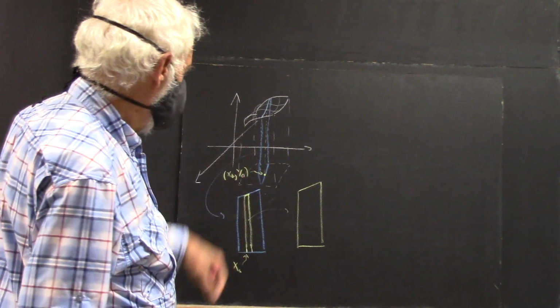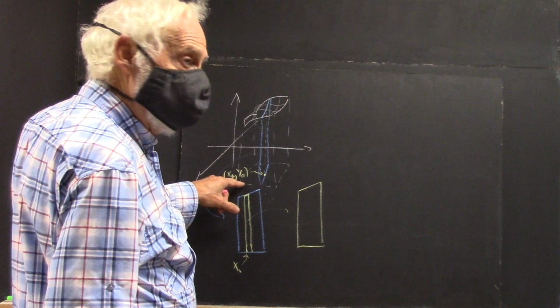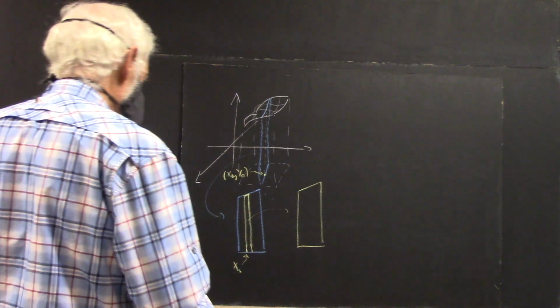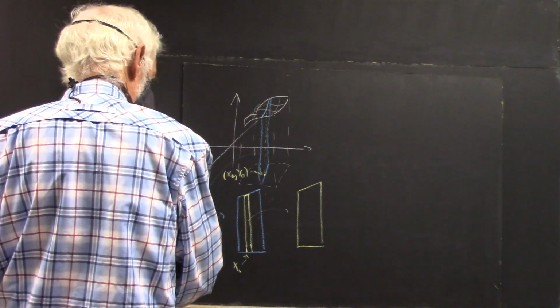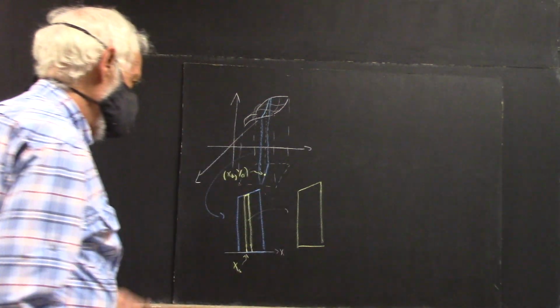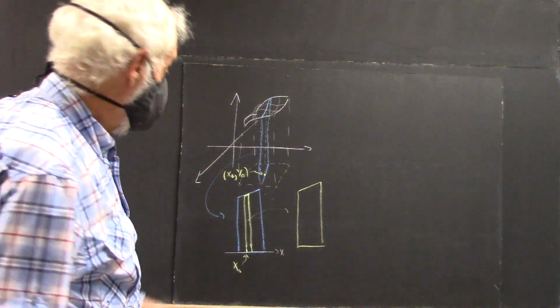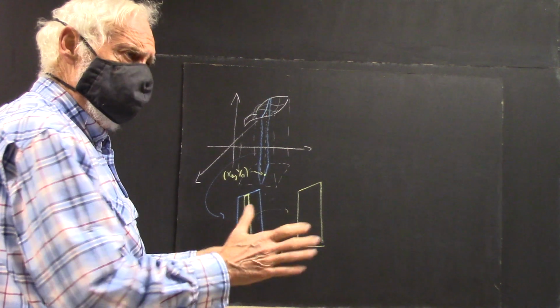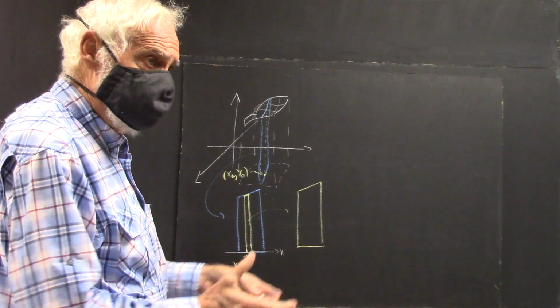Keeping in mind that y naught isn't going to change, we have an x naught here, and we have sort of an x-axis along here. Are you staying with me? See where this is in the picture?